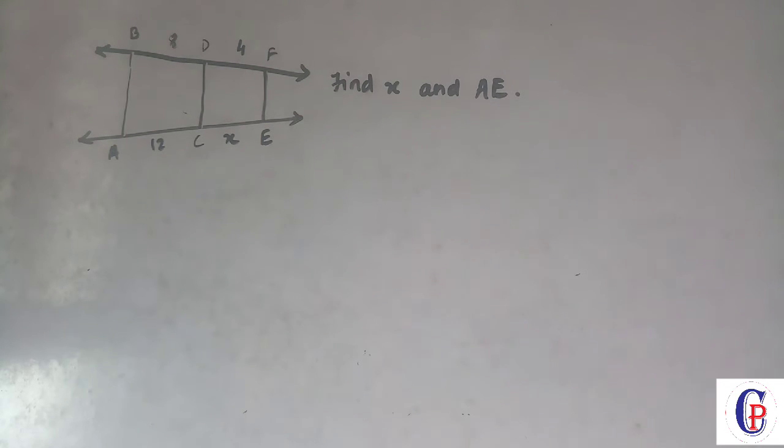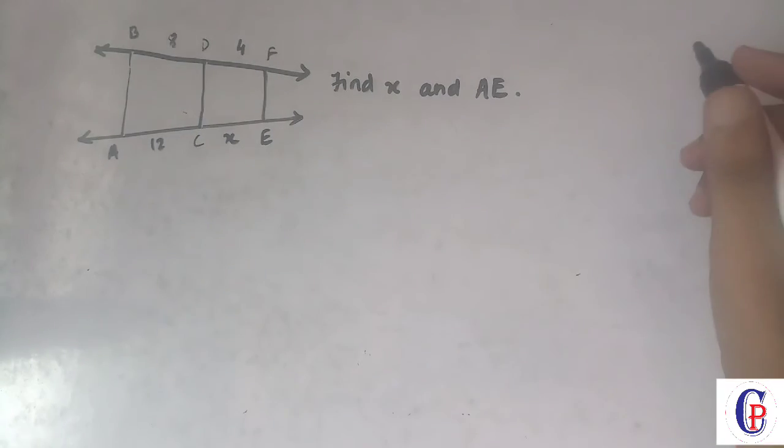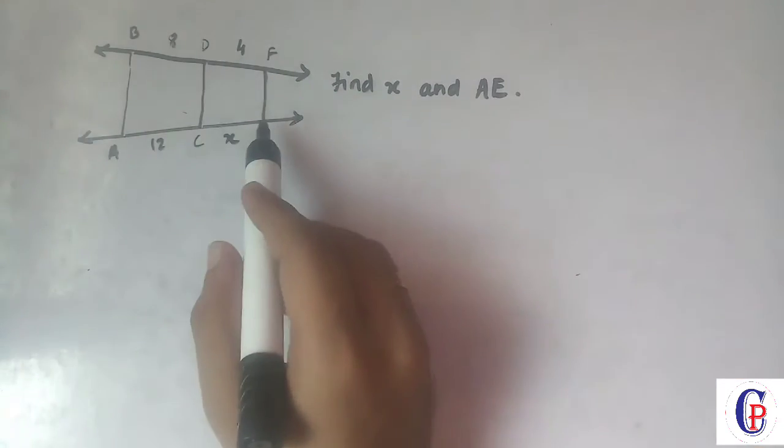Okay. So since it is already given in the question that AB is parallel to CD is parallel to FE, we can directly understand that this sum is related to three parallel lines and their transversal.